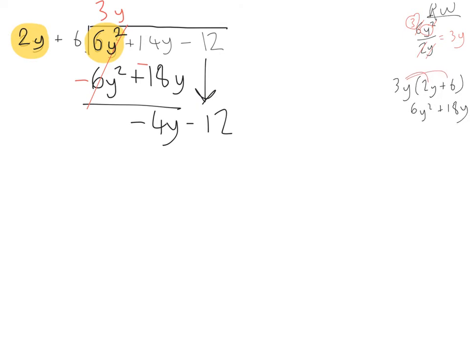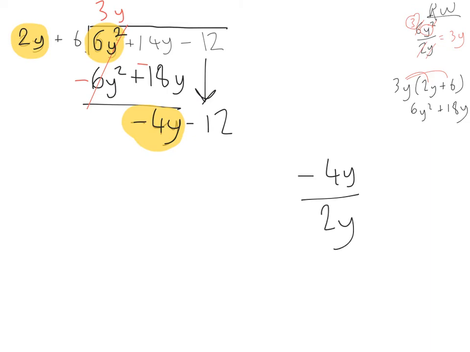Okay, so again, we want to choose our highest power of y. In this case, it's minus 4y. And we're going to do minus 4y, again, divided by 2y, because it's always the highest power of y each time. So we have minus 4y divided by 2y.